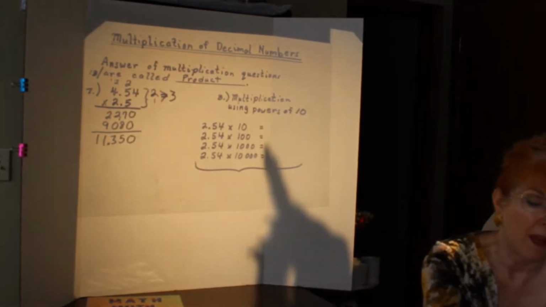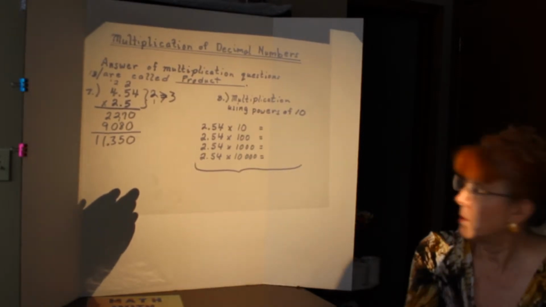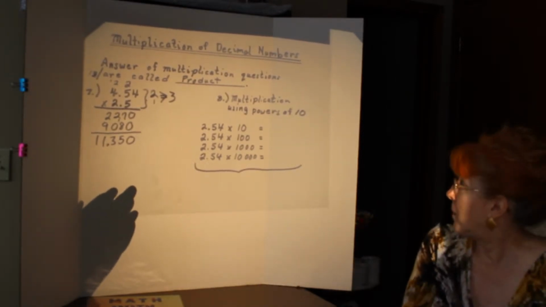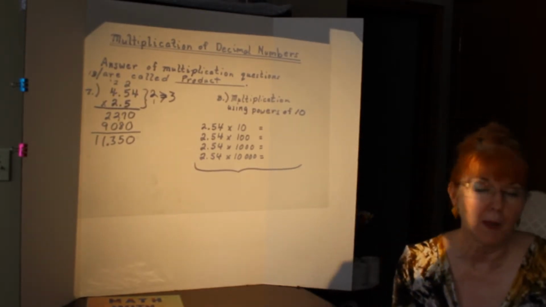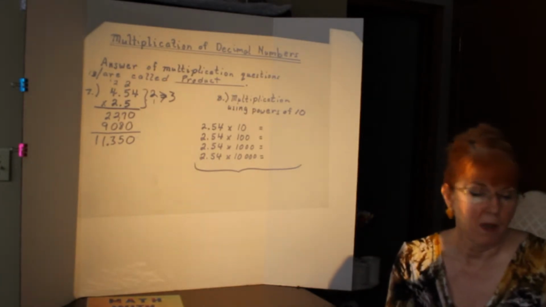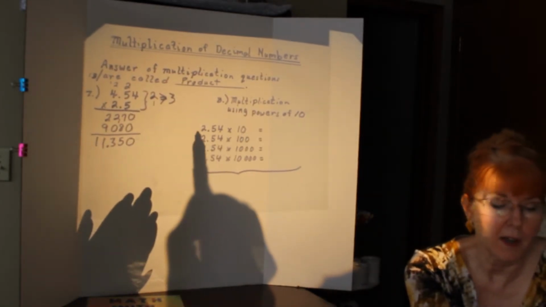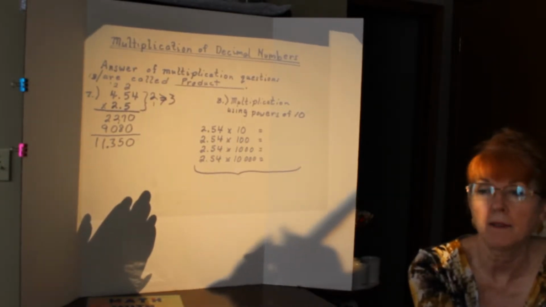So, also going to take a look at multiplying by powers of 10 and what that does to decimal numbers. Basically, you count up the number of zeros. In this case, I have 2.54 and I'm going to multiply it by 10.